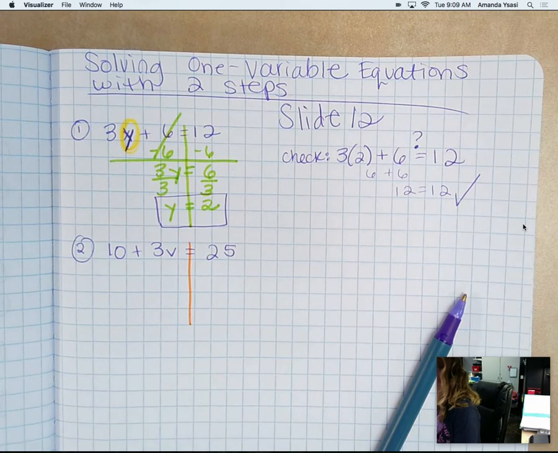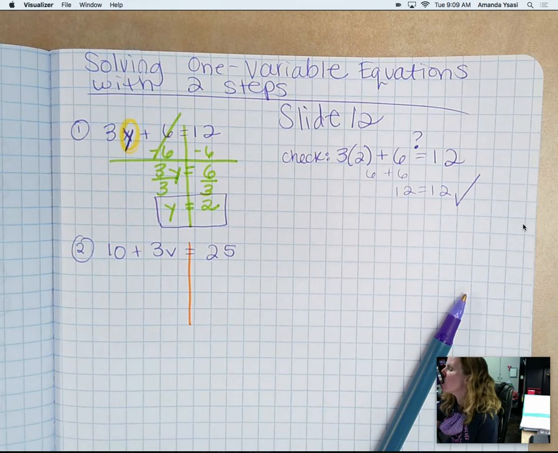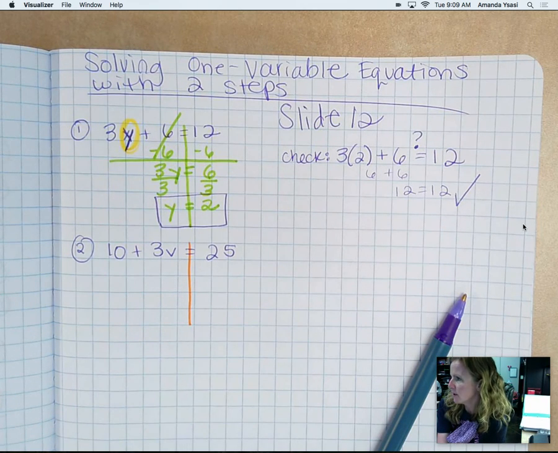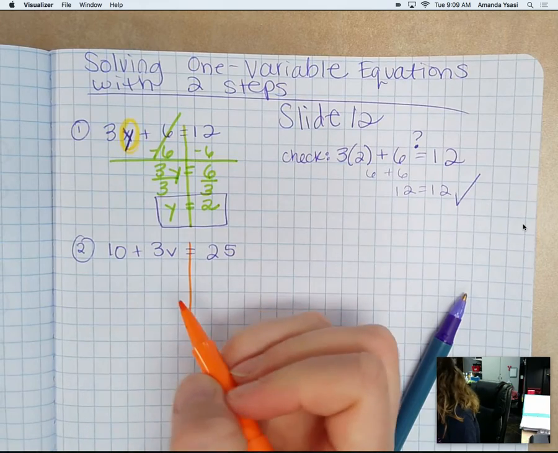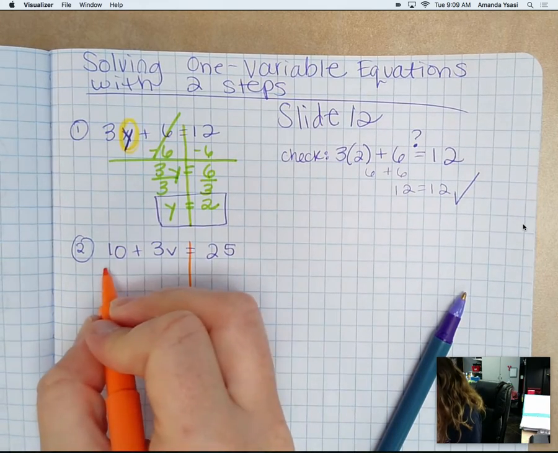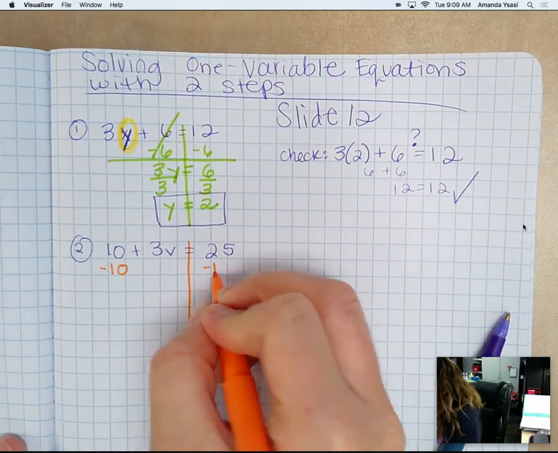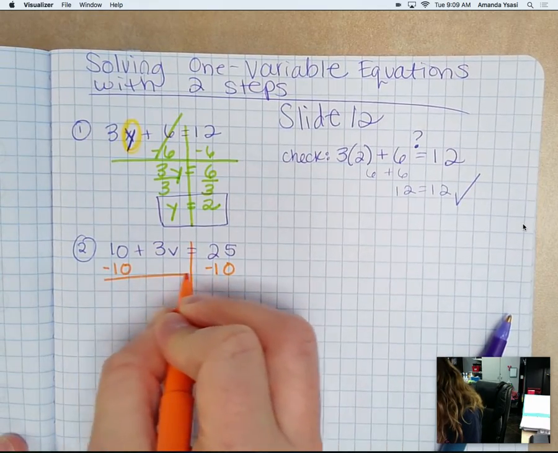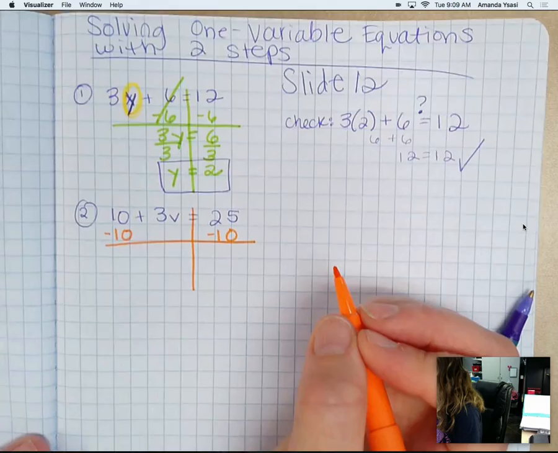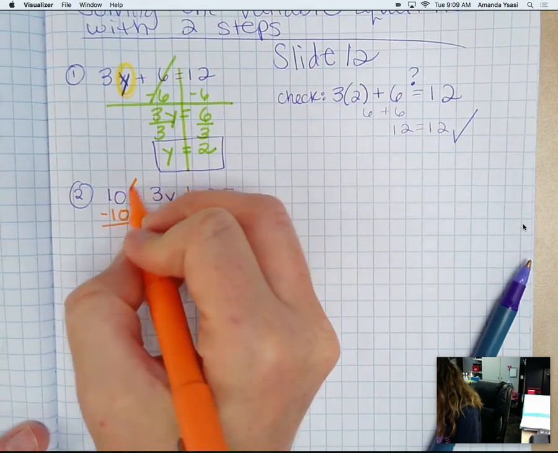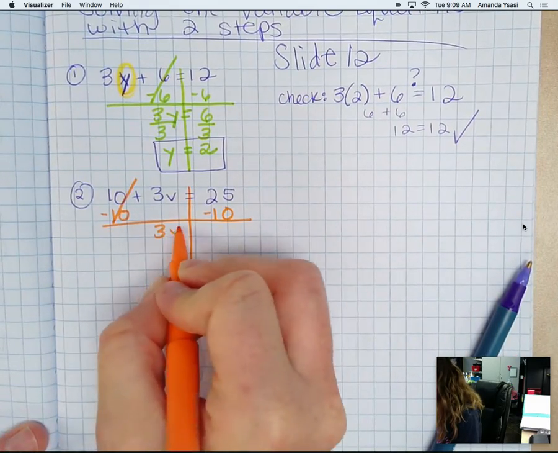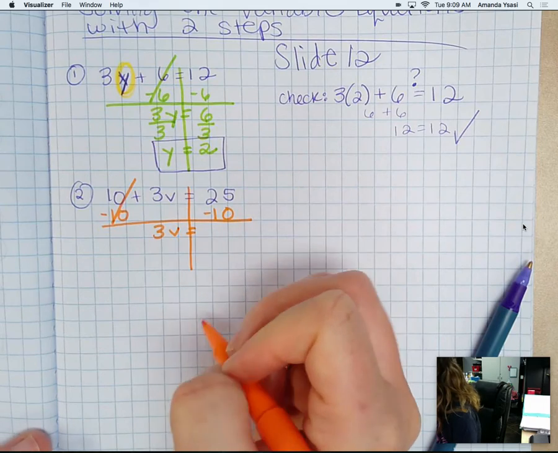I need to get 3v by itself. So what's keeping 3v from being by itself? What's the opposite of 10? Negative 10. Yeah, it's the inverse. So those cancel. I'm just left with 3v equals 25 minus 10.